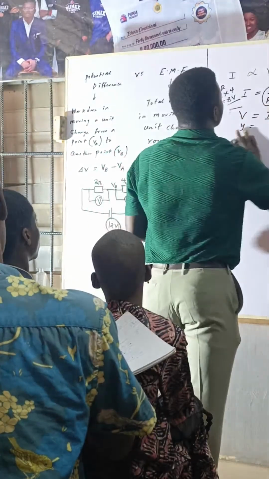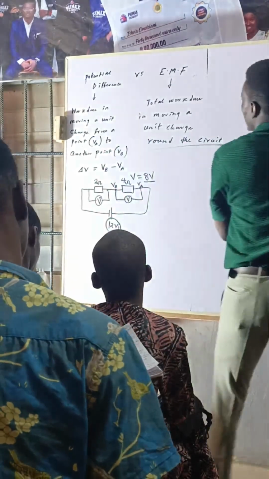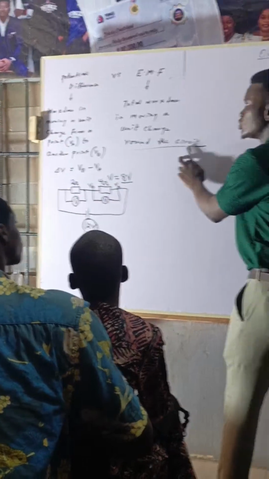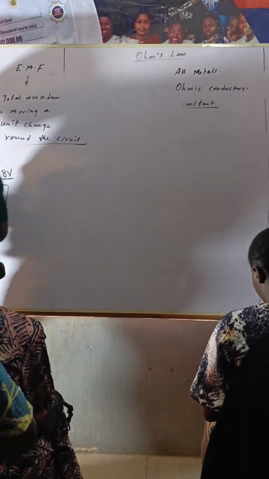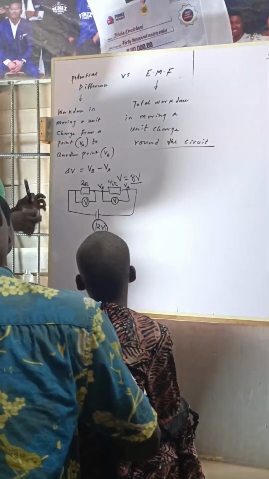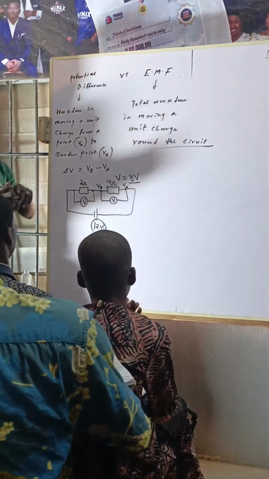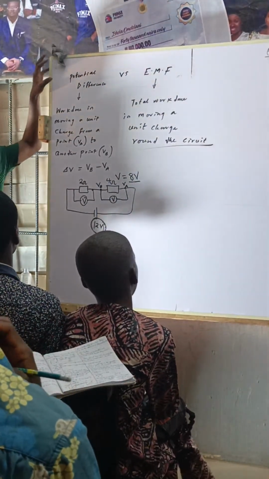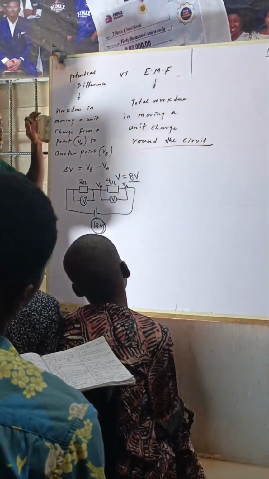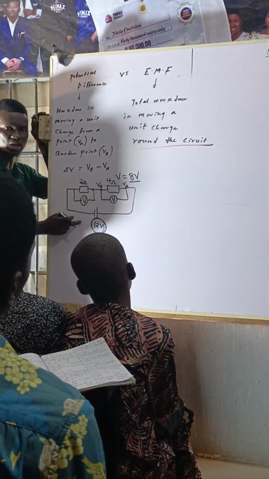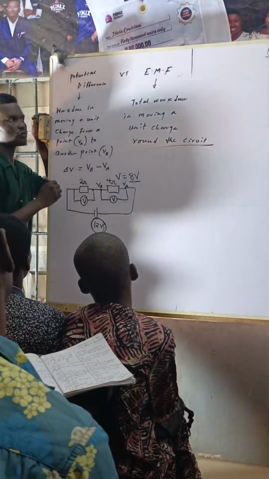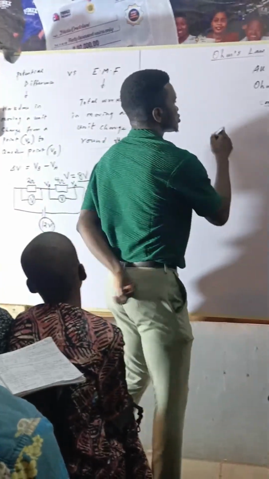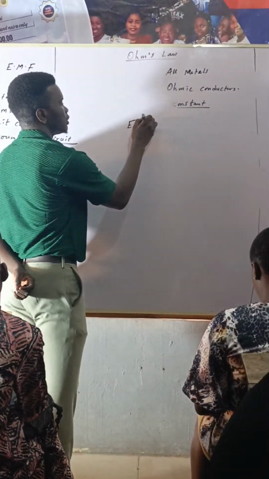Now, one other thing you need to know about this is, look at this. If I want to measure potential difference, now these 12 volts have started working. I said something about internal resistance.